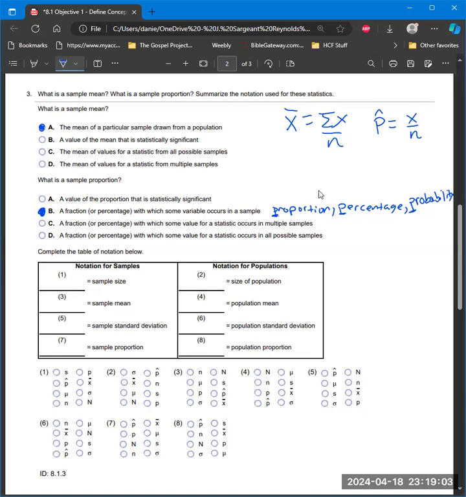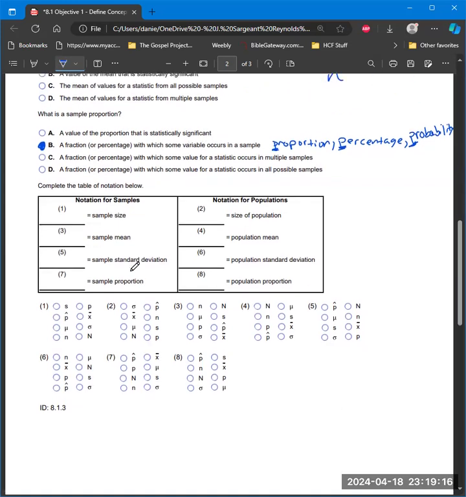And you see the letter P starting these words here. So a proportion, a percentage, or a probability that's represented as a fraction or a decimal or a percent, that is the number favorable over the number possible, basically.